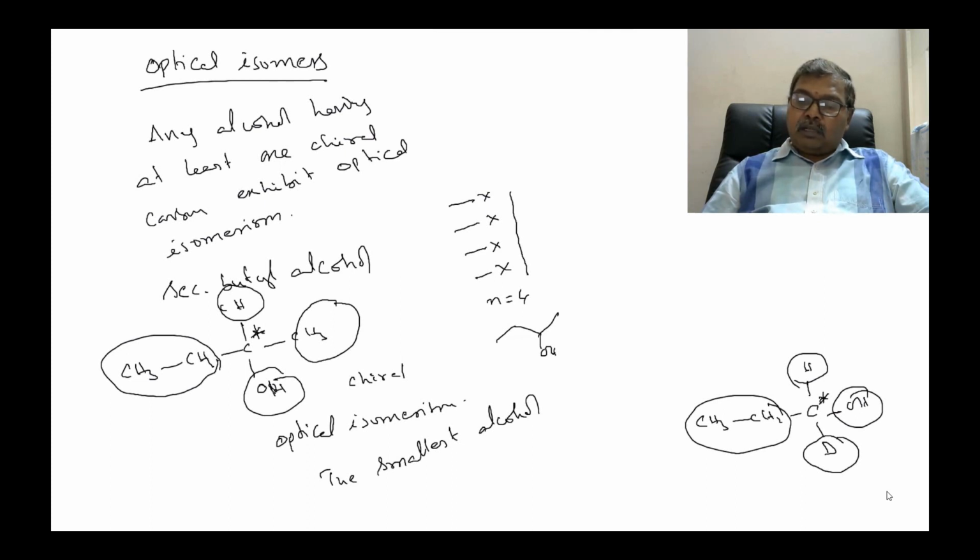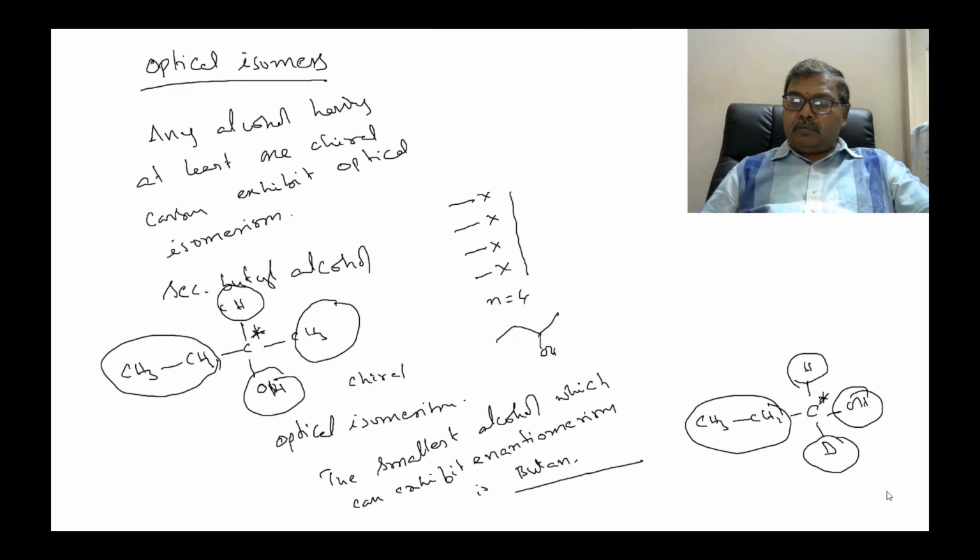The smallest alcohol which can exhibit enantiomerism is butan-2-ol. Right?